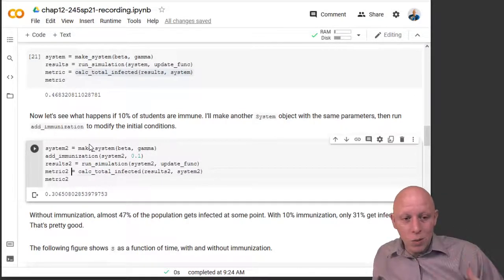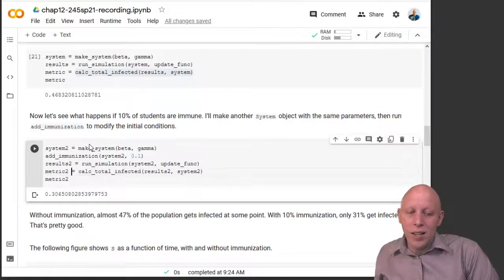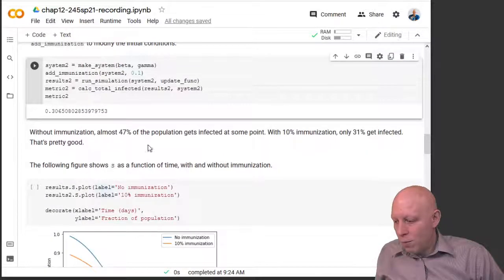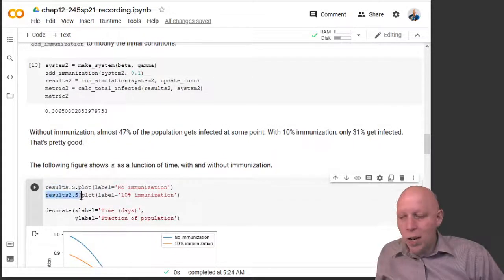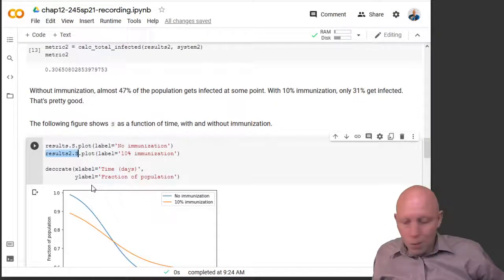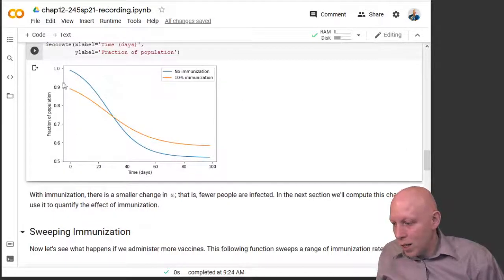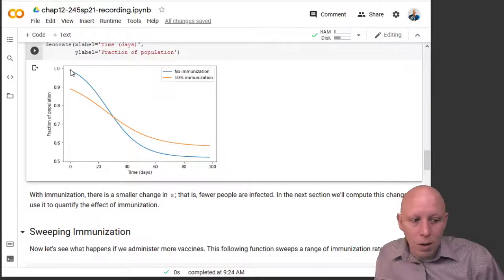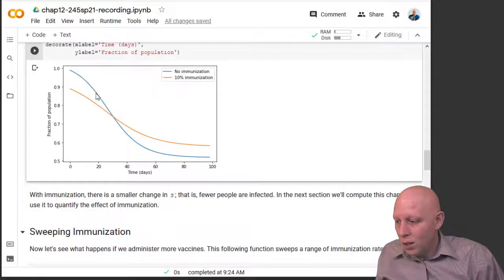We've run these two simulations. We can now plot the number of susceptible people over time using results.S and results2.S, so we can put them on the same graph. And when we put them on the same graph, we get this picture. We started off with almost 100% of the population susceptible, which went down to about 50% of the population susceptible.